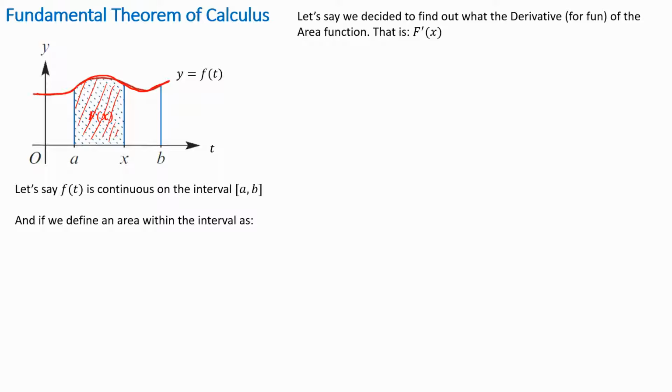The area changes. The area between a to 1, a to 2, a to 3, a to x, it varies. So I can write a function for it because there's a pattern to it. I'm going to call the area function f of x.